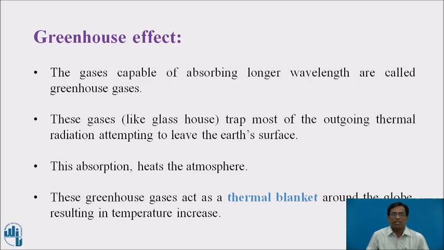These gases, like a glasshouse, trap most of the outgoing thermal radiation attempting to leave the Earth's surface. This absorption heats the atmosphere. These greenhouse gases act as a thermal blanket around the globe, resulting in temperature increase.